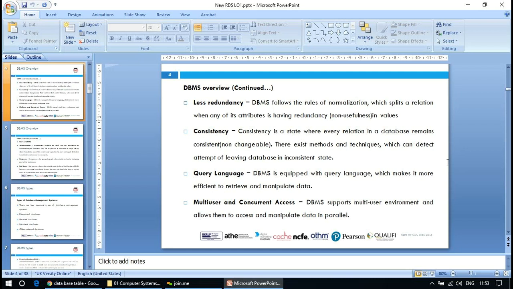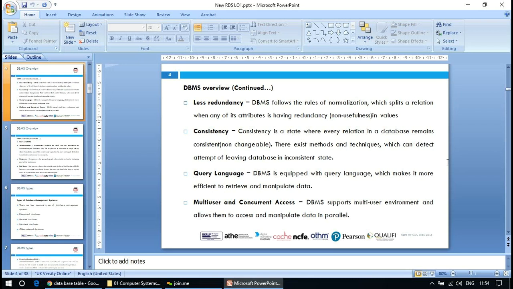I hope you are clear that a database is a collection of tables, and a table is composed of rows and columns. Is that clear? Yes. It is possible that instead of using 5 tables, probably you can have 3 tables, and you are using 2 extra tables.